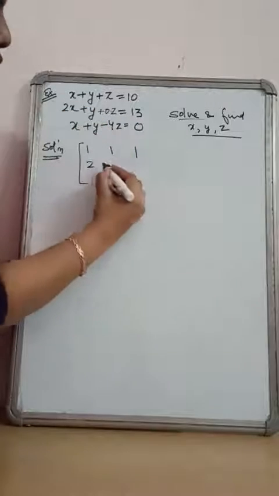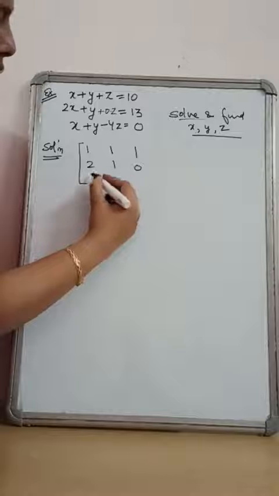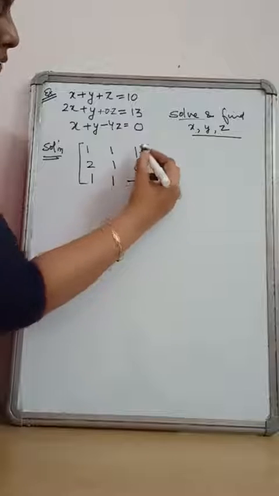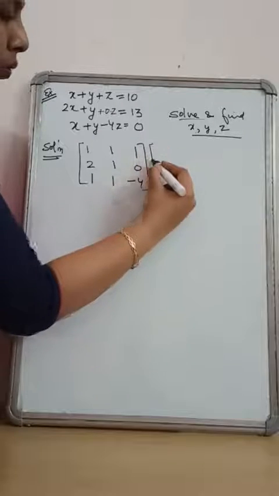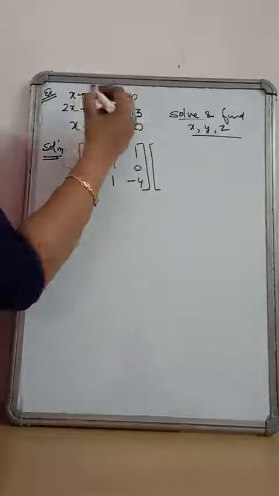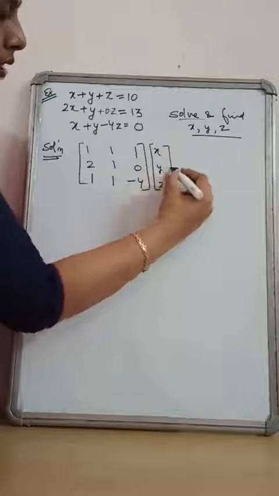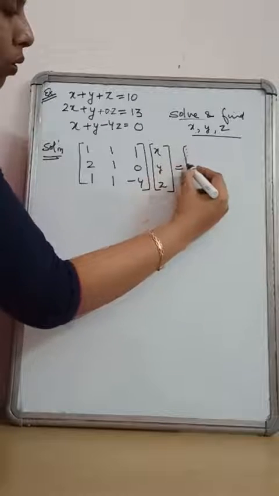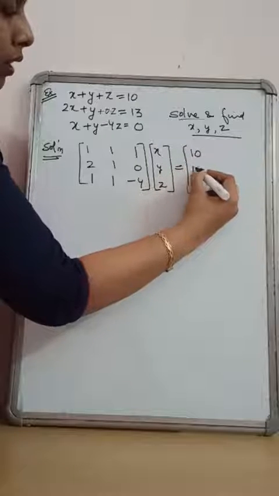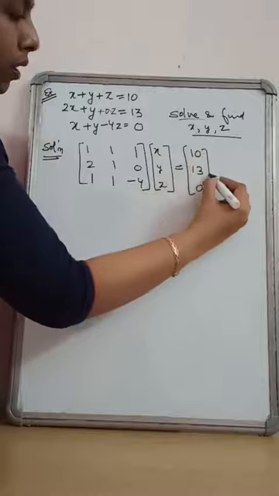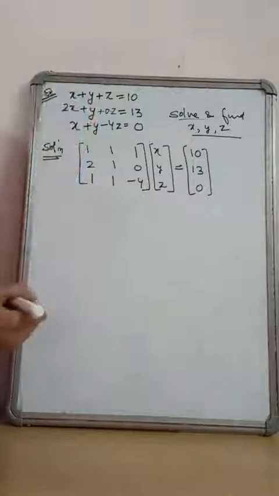Again there is 2, 1, 0. Then 1, 1, minus 4. Then there is one more row, that will be your column matrix x, y, z, and will be equal to 10, 13, 0.